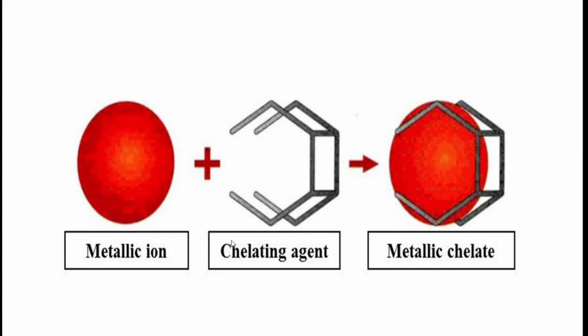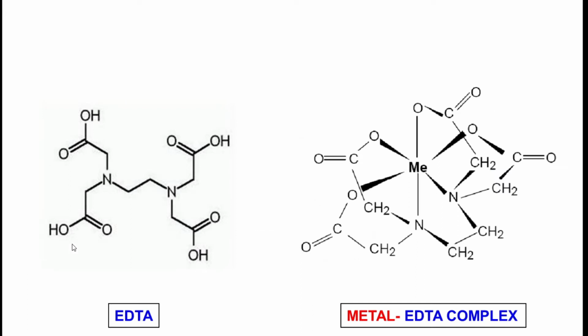Here you can see the chelating agent like EDTA, it binds the metal ion very strongly. So the metal ion completely fits into the structure of the chelating agent, and it is a very stable component. This structure shows the chemical structure of the EDTA, and when EDTA comes across a metal ion, it binds it so strongly.